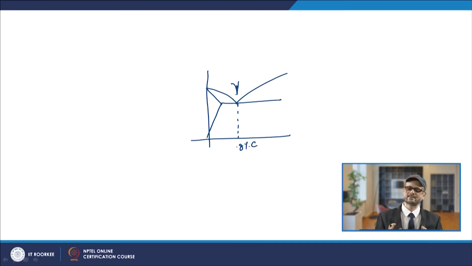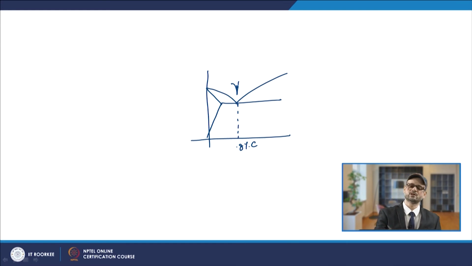Now, we know that this is a diffusionless type of transformation, where shear is occurring. We again have to talk about the interaction and how dislocation lines come into the picture, and that way the hardness is going to increase.